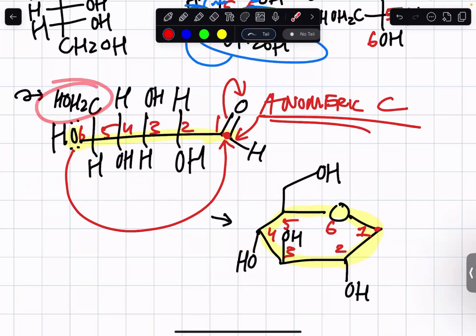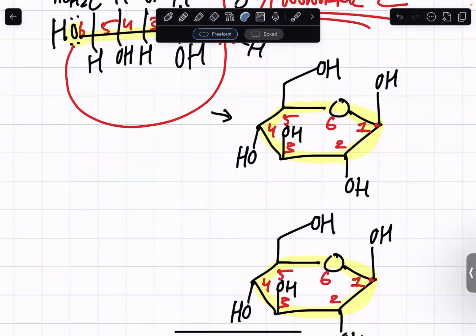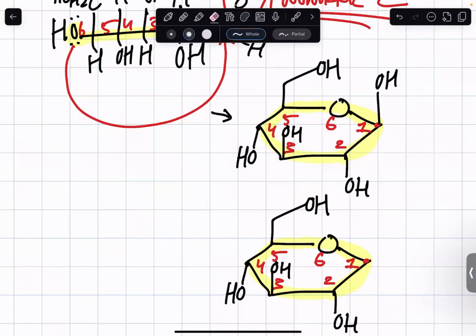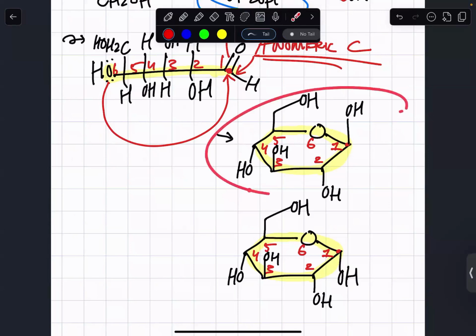I saved carbon 1 for last because when we pop that double bond to the oxygen, it becomes OH, but it could go up or it could go down, giving us 2 different products. And these 2 different products are anomers of each other. There's an alpha anomer and a beta anomer.